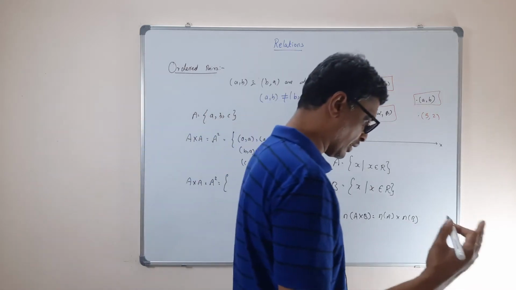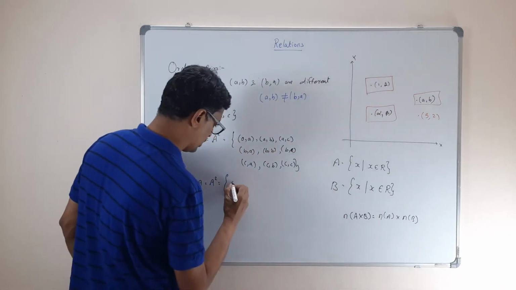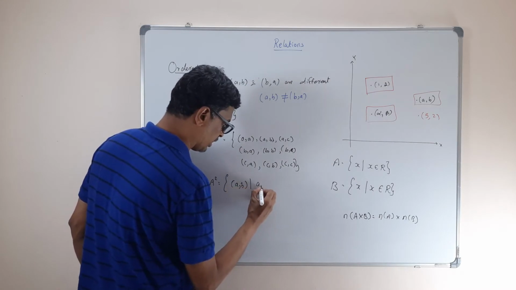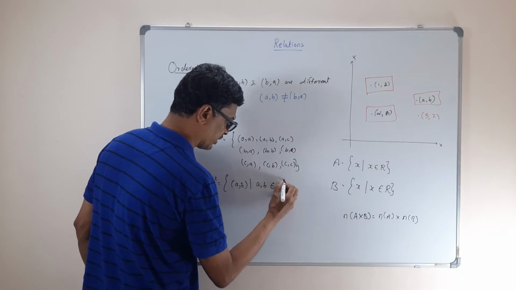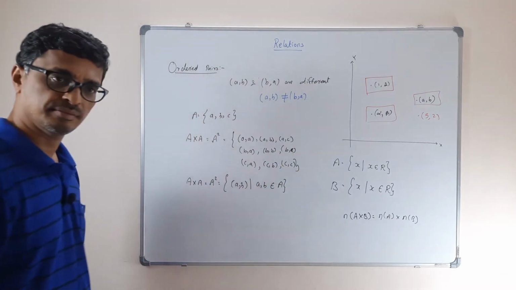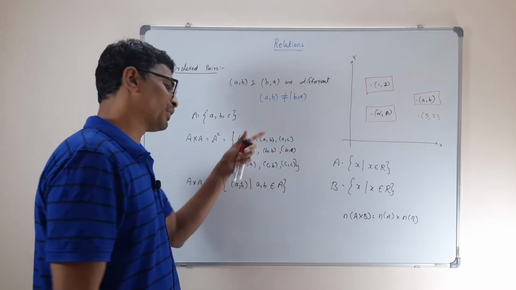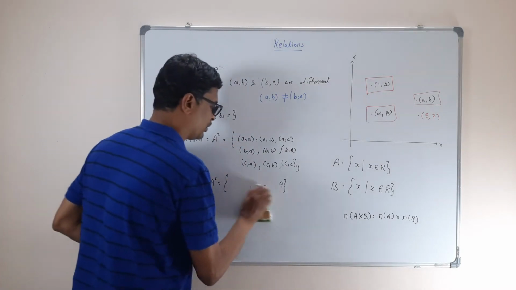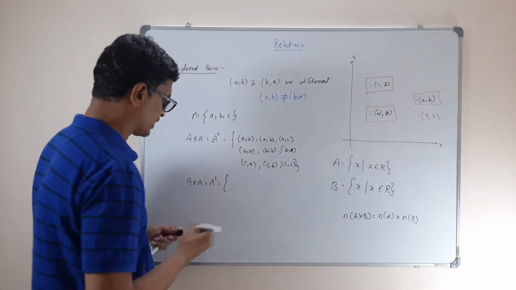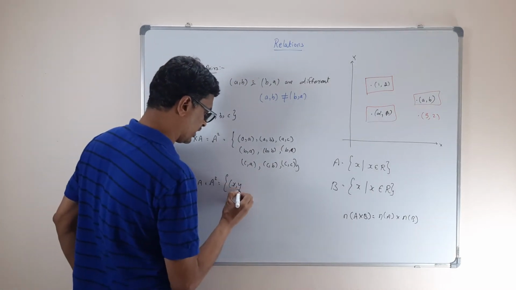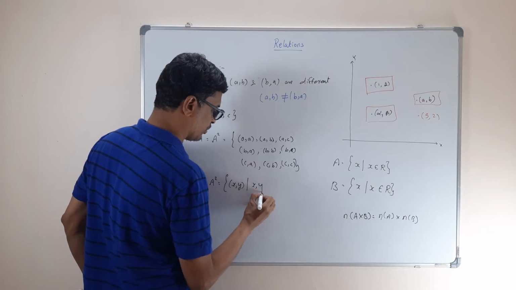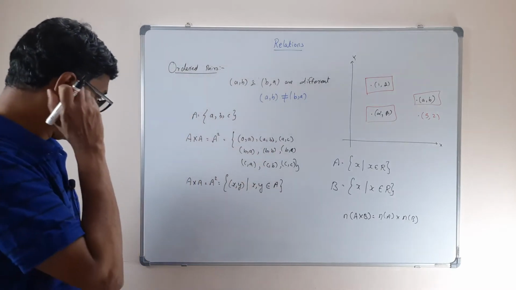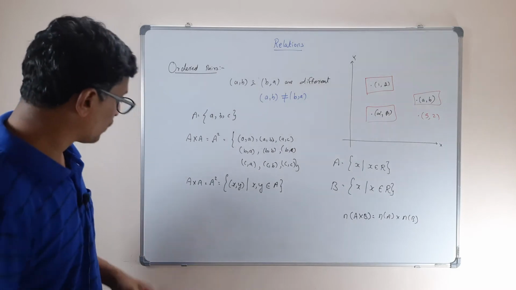We write it as the set of pairs (a, b) such that (a, b) is an element of A. Or you can write x, y also, if you don't like a, b: the set of (x, y) such that x, y is an element of A. This is the Cartesian product.